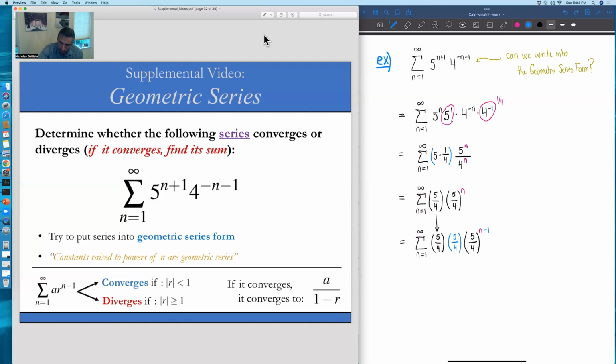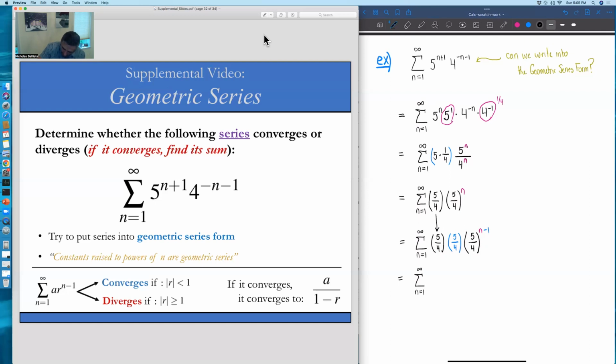So what that means for us now is, looking at this, we have a different constant sitting in front of this series. But now we have this other term, a 5 over 4, raised to the n minus first. So we're almost in the geometric series form.